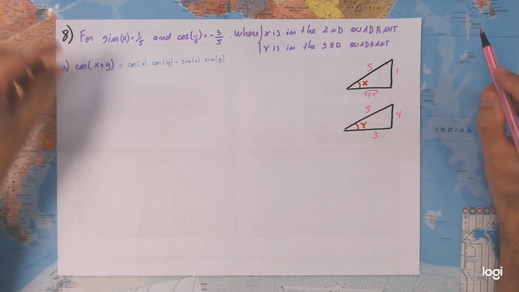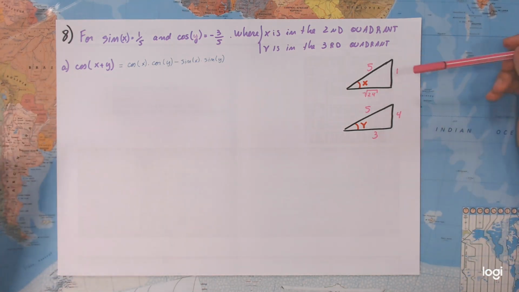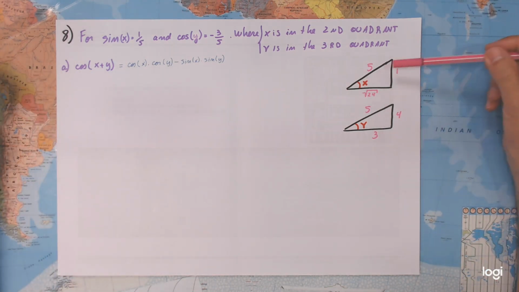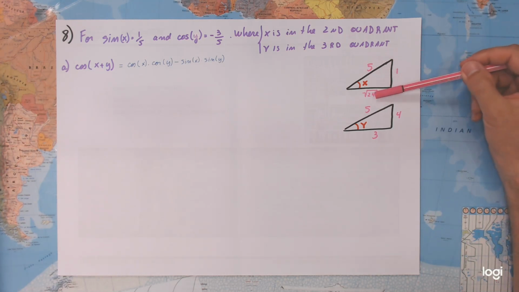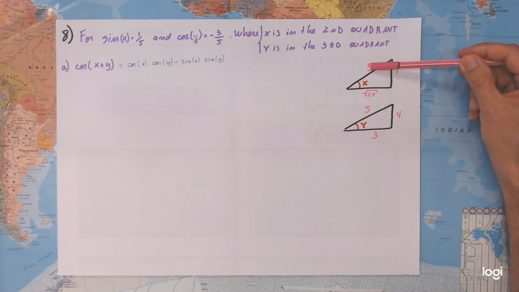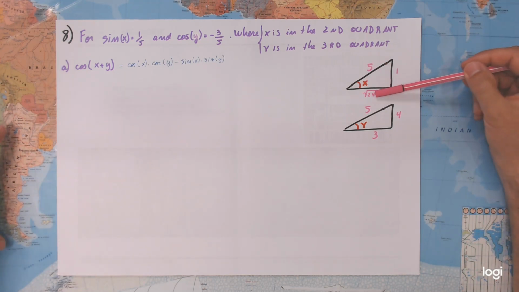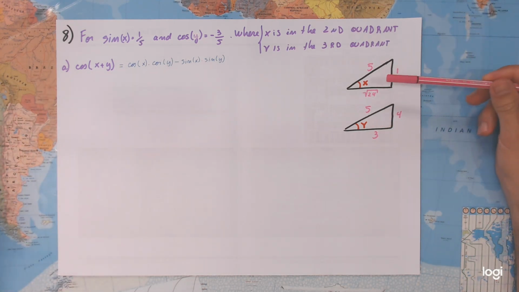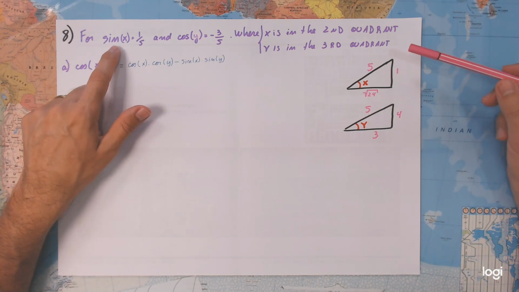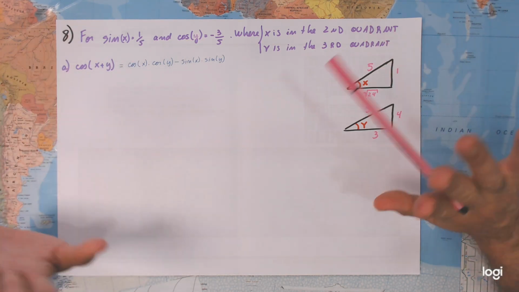The good thing about this is that once we know this, for x, we have the sine of x, it is 1/5. We have the cosine of x, it is square root of 24 over 5. And we also have the tangent of x, which is 1 over square root of 24. We have everything here and everything here. Well, if you just wanted to use sine squared plus cosine squared equals 1, it goes the same way.